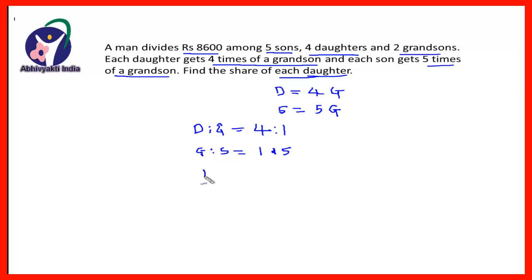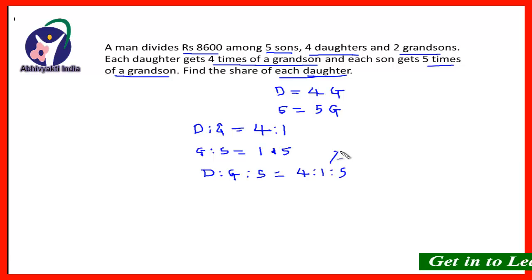Therefore, the ratio of daughter to grandson to son will be 4:1:5.